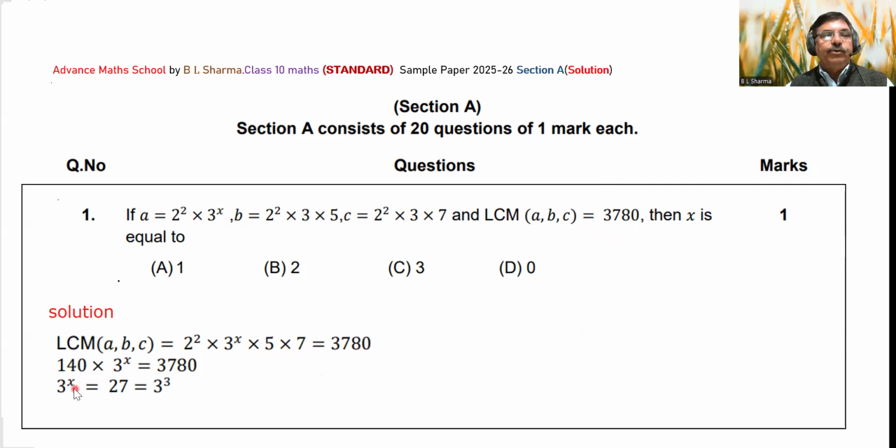Comparing, 3 raised to the power x equals 3 cubed, so the value of x is 3. C is the correct option.